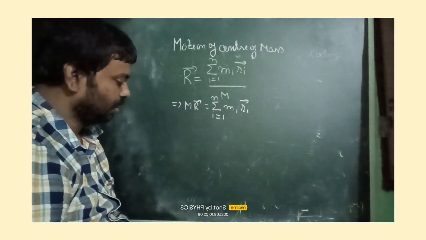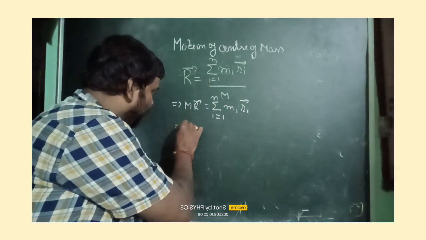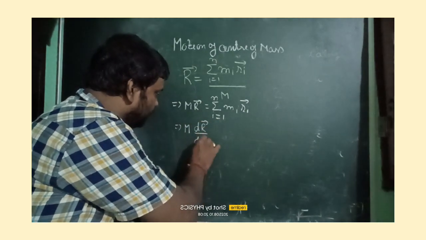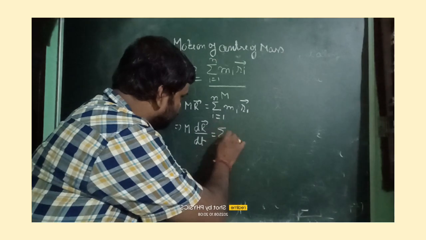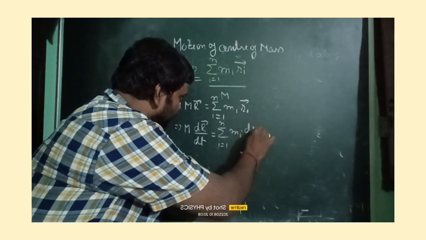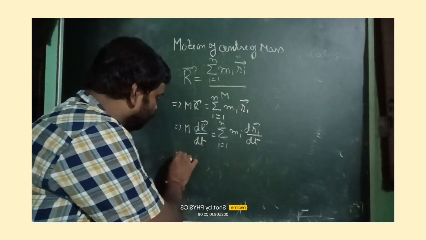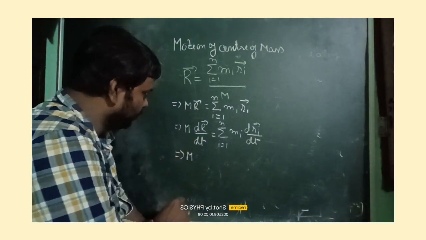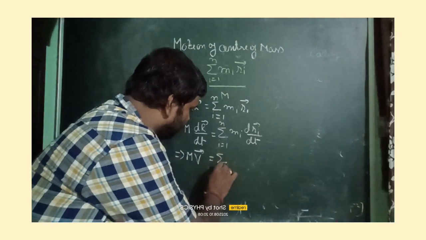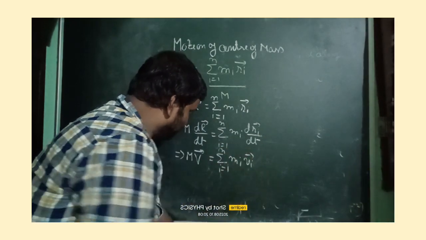Now differentiating both sides with respect to time, we have m dr vector by dt equals summation of i equals 1 to n of mi dri vector by dt. So that is m into the velocity of the center of mass v equals summation of i equals 1 to n of mi vi vector.